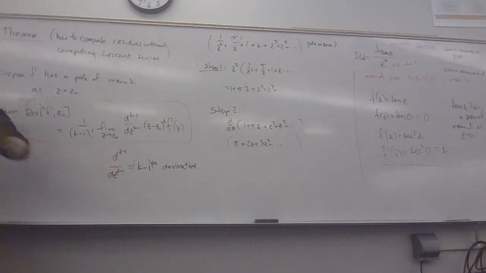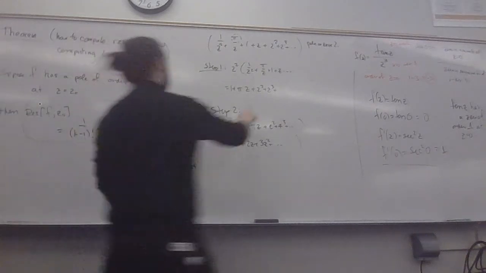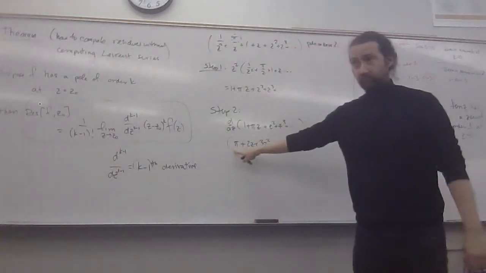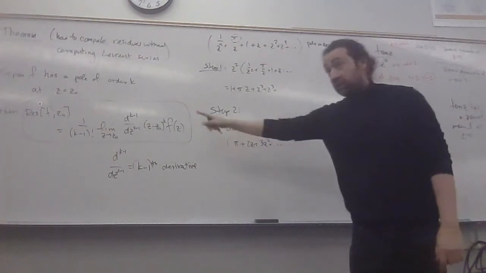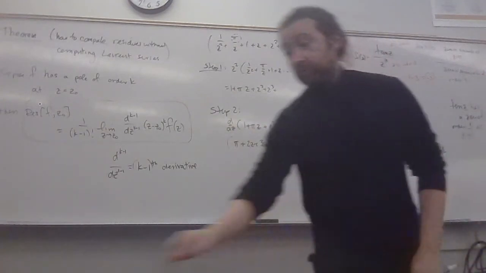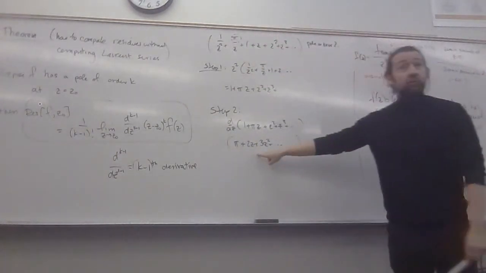So the derivative step just shifts the residue over to be in the constant spot. And we do just enough derivatives so that wherever this thing started, it lands in the constant spot. Then we take a limit as z goes to z naught. Well, what does that do? That kills off every other term that survived.